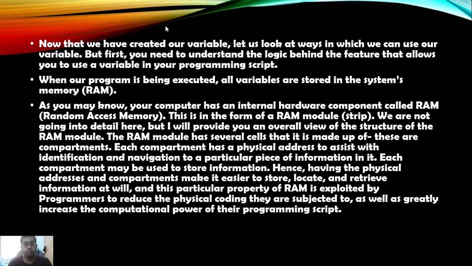Each compartment may be used to store information. Hence, having the physical addresses and compartments make it easier to store, locate, and retrieve information at will. And this particular property of RAM is exploited by programmers to reduce the physical coding that they are subjected to, as well as greatly increase the computational power of their programming script.